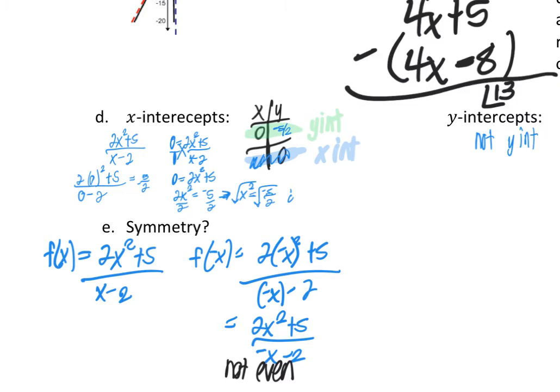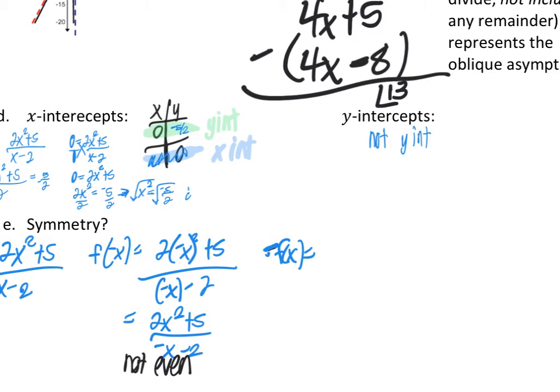Okay, well, let's see what negative f of x is. That would just be putting a negative in front of your f of x.